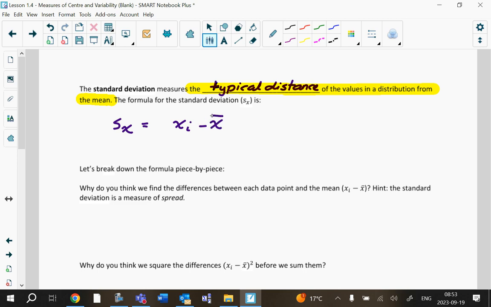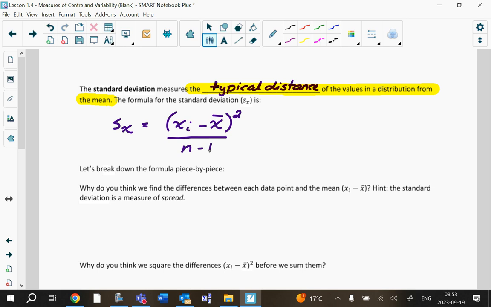And typical means average. Well, in order to get positive numbers, because we want the standard deviation to be a positive number, I'll explain this in a second, we're going to square it. And we're going to divide by the number of numbers, minus 1.